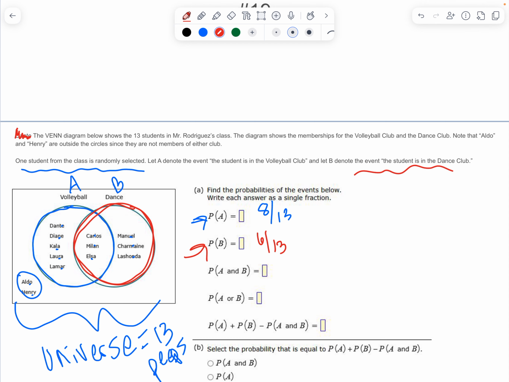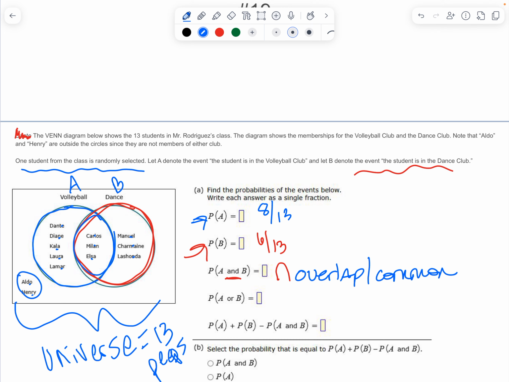So let's keep going. Probability of A and B. We've looked at that in a previous video. And looks like this, and it just means overlap, or what's in common.